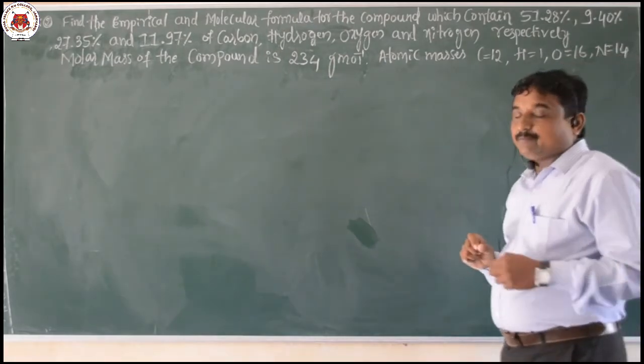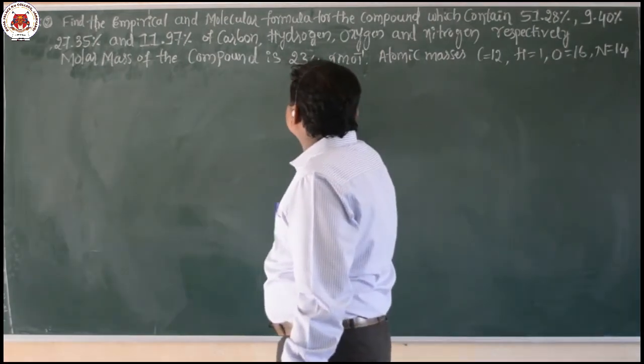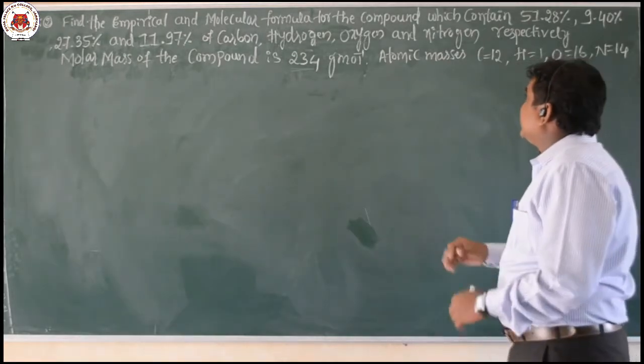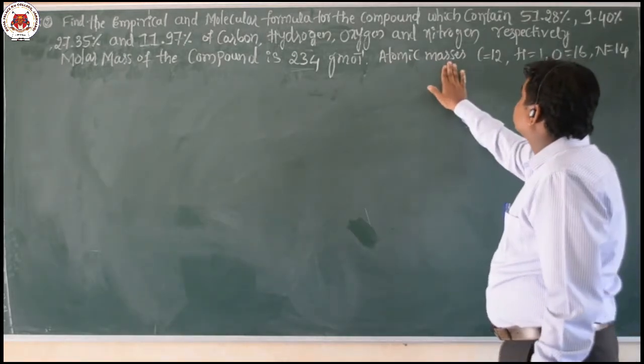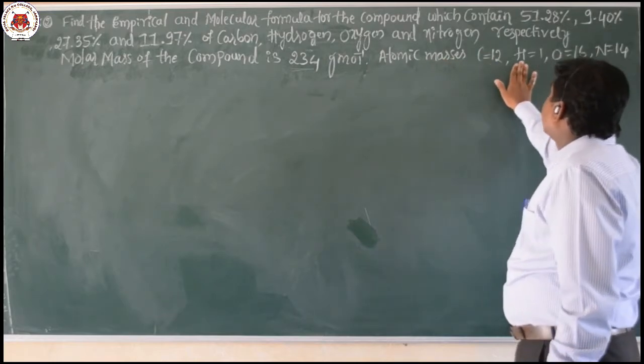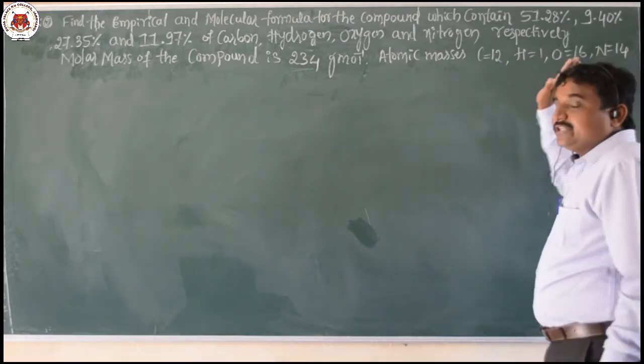Already they are provided the molar mass of the compound, that is 234 gram per mole, and also the atomic masses: carbon is 12, hydrogen is 1, oxygen is 16, nitrogen is 14.